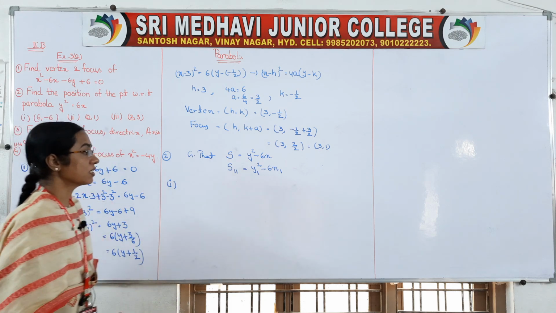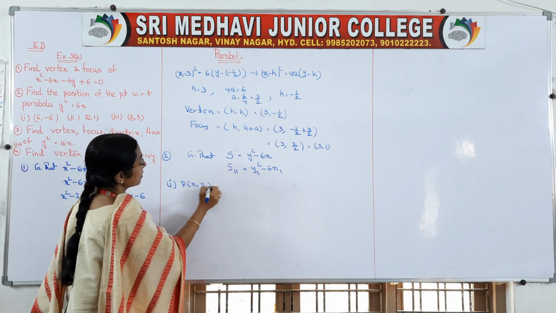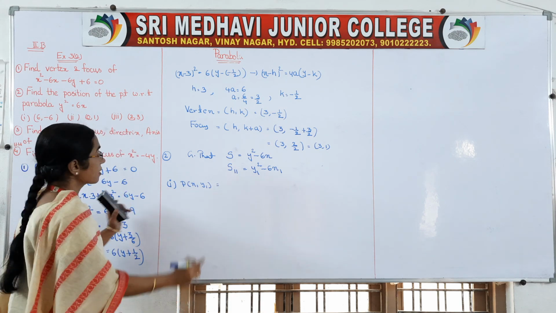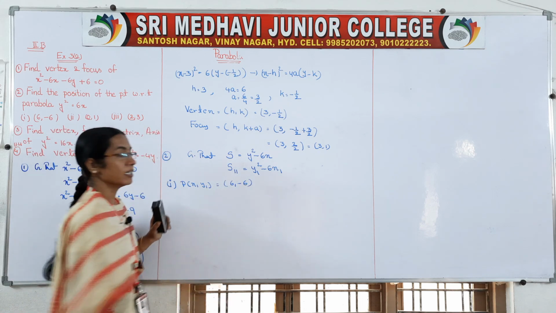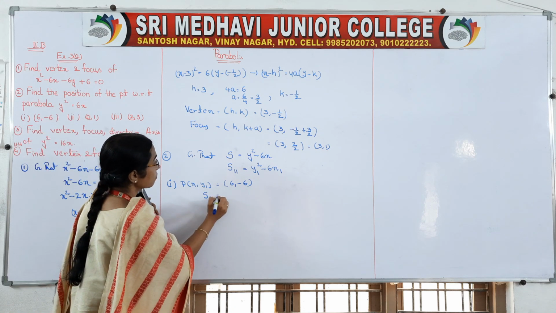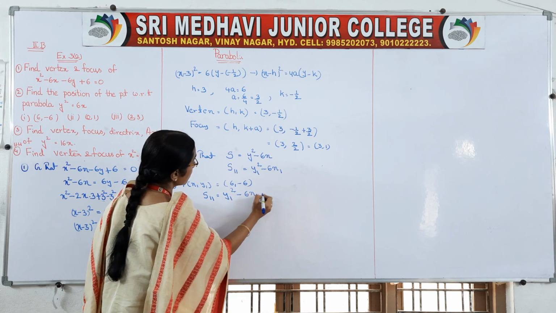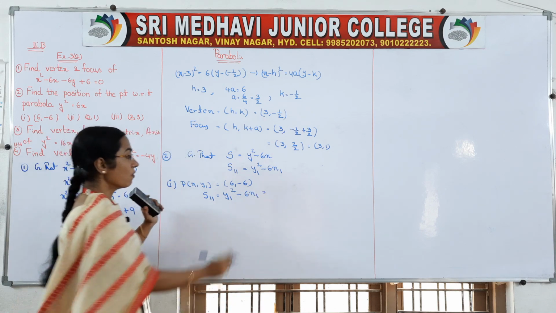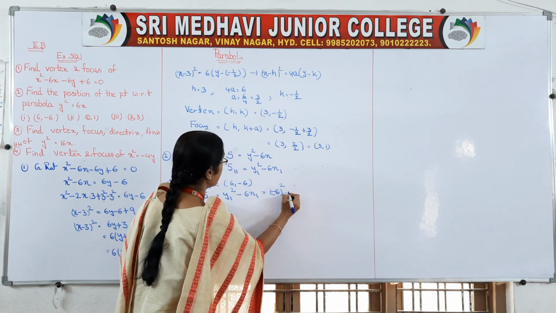Okay. Now come to the first point. What is the first point? P(x1, y1) is given as (6, -6). So find out your S11. S11 is equal to y1 square minus 6x1. So y1 is minus 6, isn't it? Square is there.